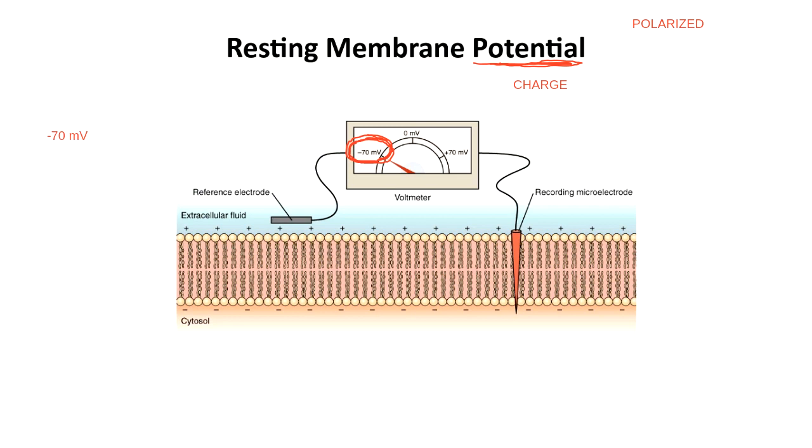So that means that in normal circumstances, when a neuron's doing nothing, resting membrane potential, when a neuron is waiting to hear from its neighbor, the inside has lots of negatives inside of it. The outside has lots of positives.